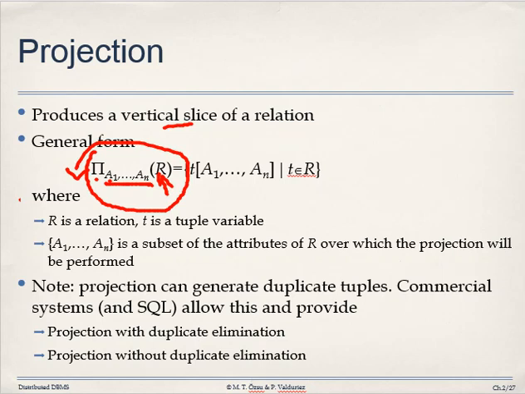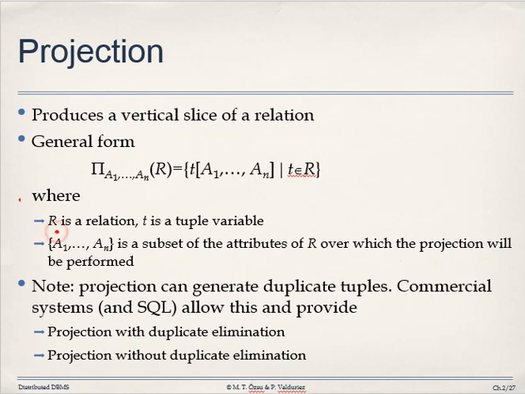In the result we will get tuples T with n attributes. These attributes are the same as listed. Suppose I have applied 3 attributes, then in the result we have those 3 attributes, and T belongs to R. So we get all tuples, and a subset of the attributes or columns.